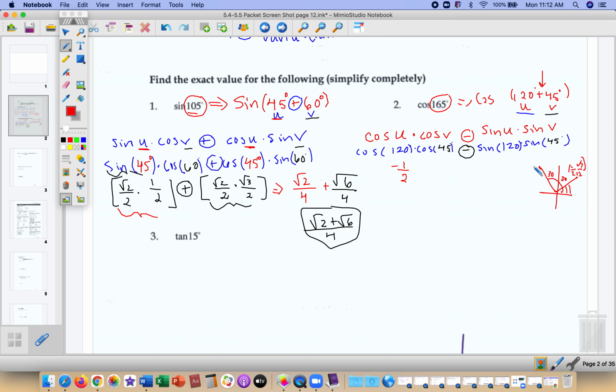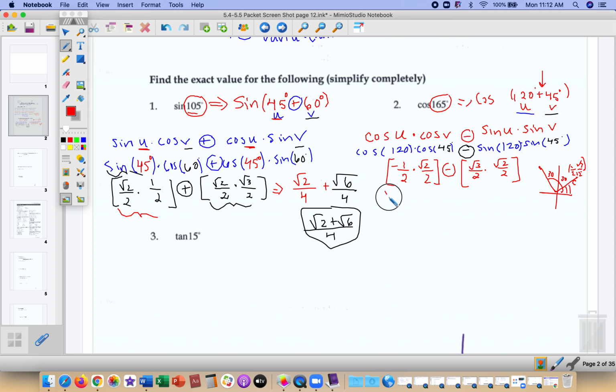So then over here you have negative 1/2, right? All students take calc. So if cosine is 1/2, in the second quadrant, cosine would be negative 1/2. So cosine at 120, negative 1/2. And you can look at your unit circle. Cos of 45 is root 2 over 2. So that's a quantity. Minus the sine at 120 is root 3 over 2, times the sine at 45 is root 2 over 2.